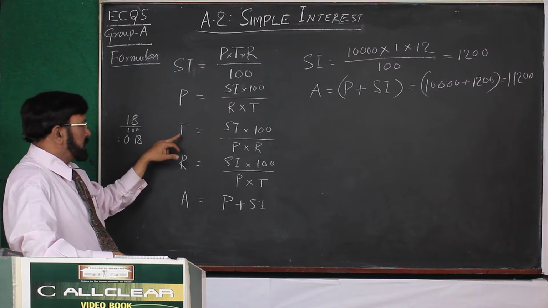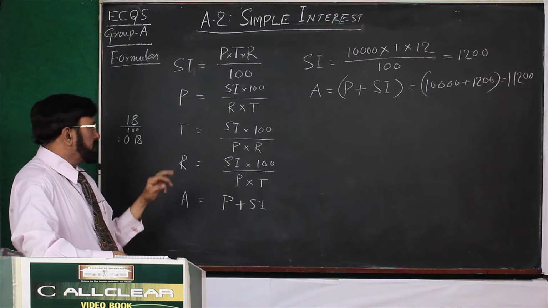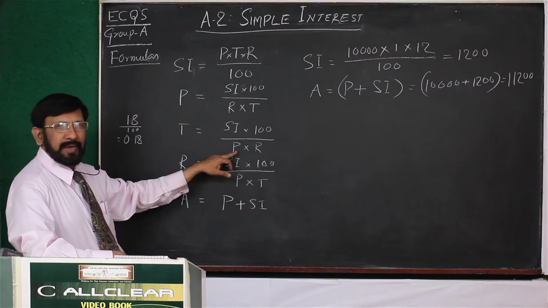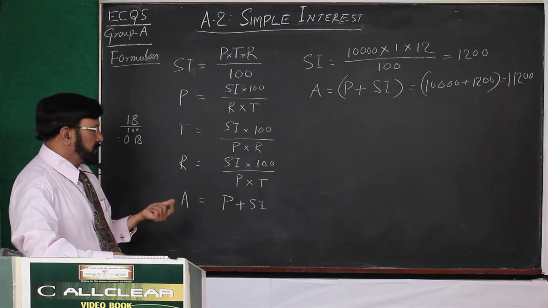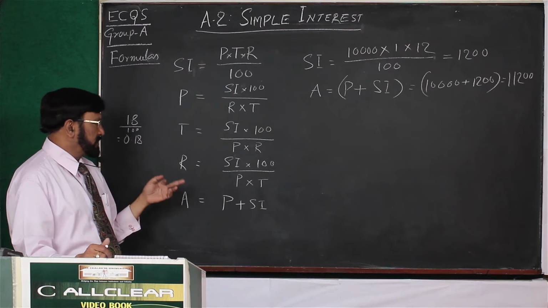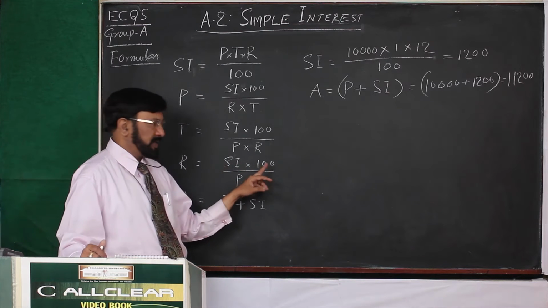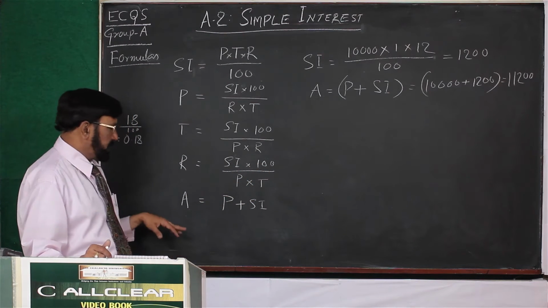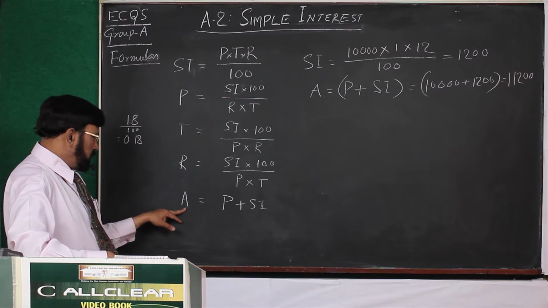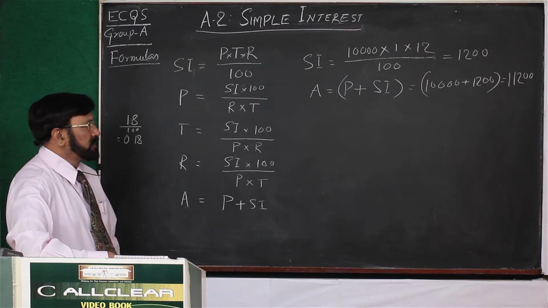Next, in the same manner, if you are given simple interest, principal and rate of interest, you have to find out time. Time is simple interest into 100 by p into r. Next, sometimes simple interest, principal and time are given, and you have to calculate the rate of interest. Then rate is simple interest into 100 by p into t. And sometimes you have to calculate amount, and amount is equal to p plus simple interest.